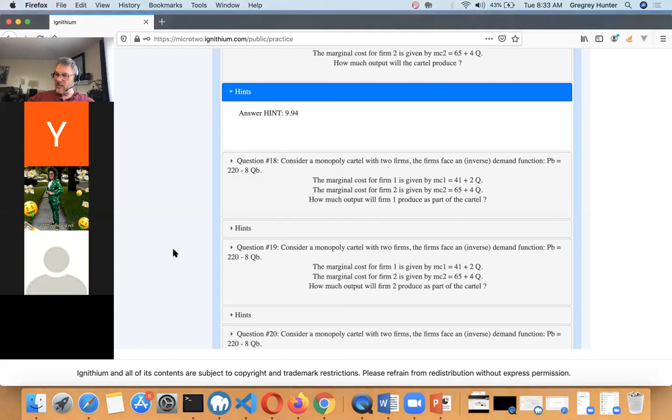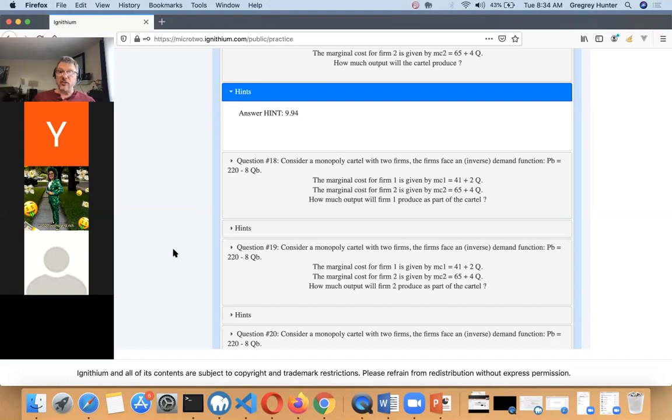So it should look kind of like this. Here's your marginal revenue. You solve that, and 9.94 is the quantity, and I should put Q1 here, not MC1. Q1 is 9.94, and then you plug that back into the marginal revenue, and you end up getting 60.96, which is the marginal revenue that the firm is going to be earning in equilibrium.